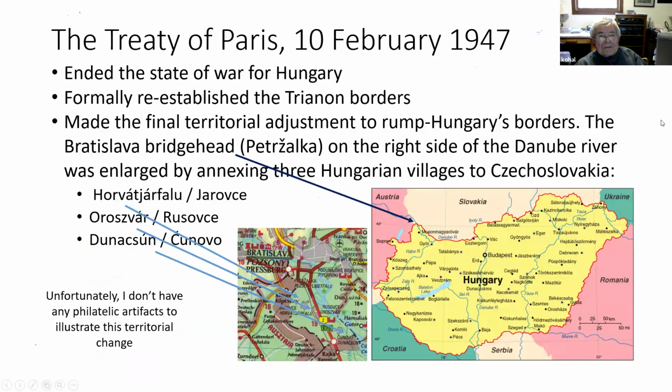The Treaty of Paris in February of 1947 finalized the peace with Hungary's neighbors. The last change to the territory occurred through that treaty. The Pozsony, the Bratislava bridgehead, was enlarged by annexing 3 Hungarian villages to Czechoslovakia: Horvátjárfalu, Oroszvár, Dunacsúny.